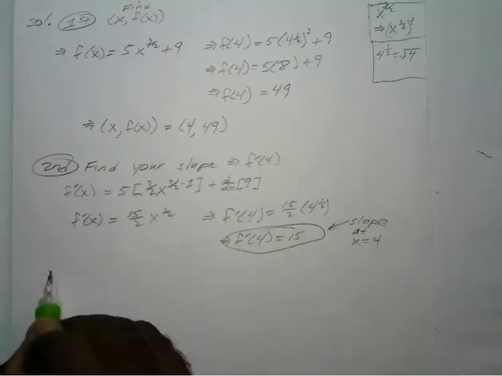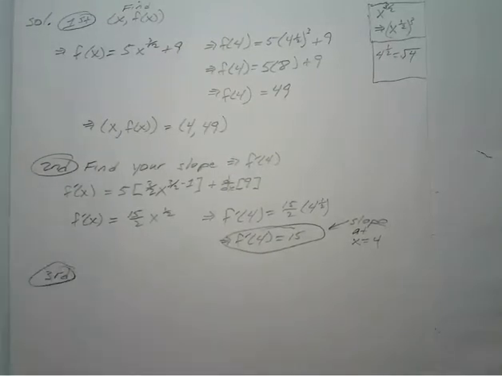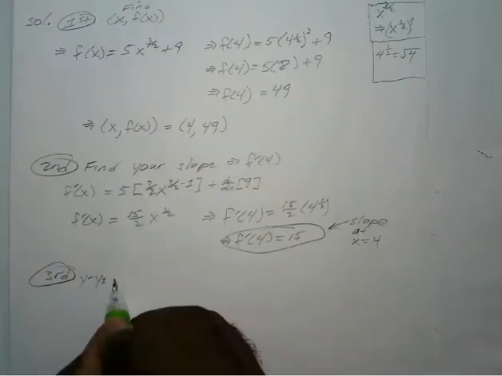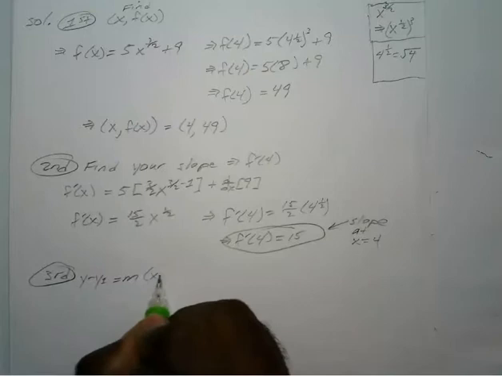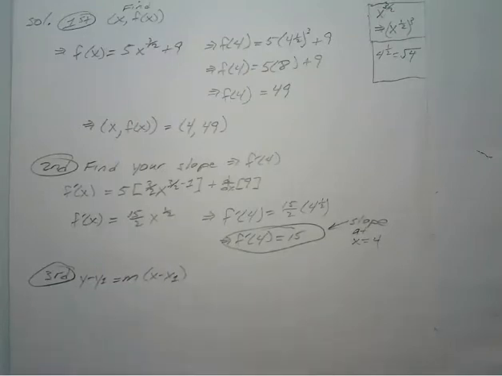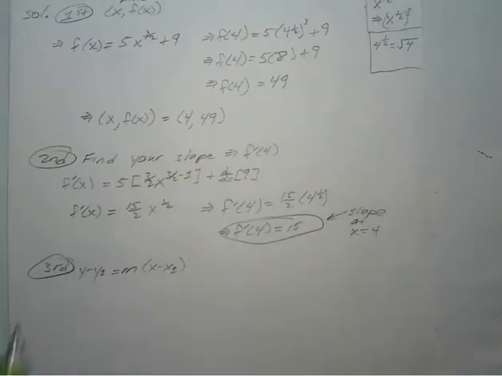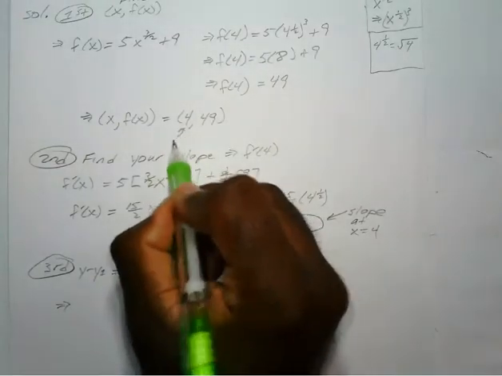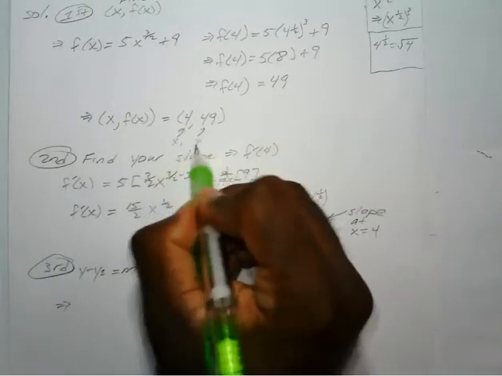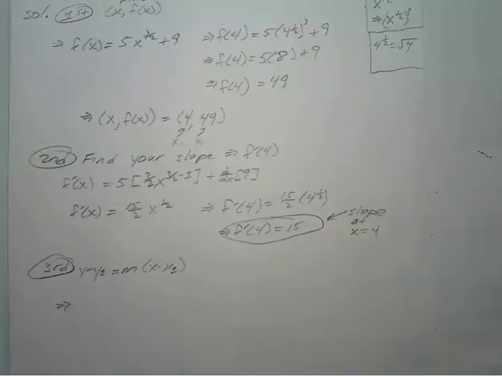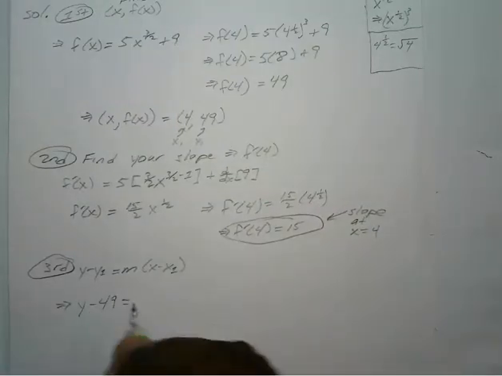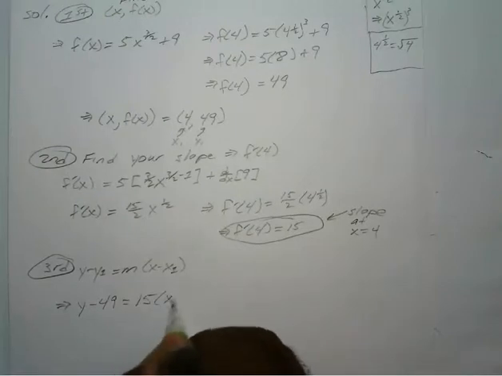Okay, so you know your third step. You use your point slope form. y minus y1 equals your slope times x minus x1. So since we know that's our x1 and y1 right there, that's y minus 49 equals 15 times x minus 4.